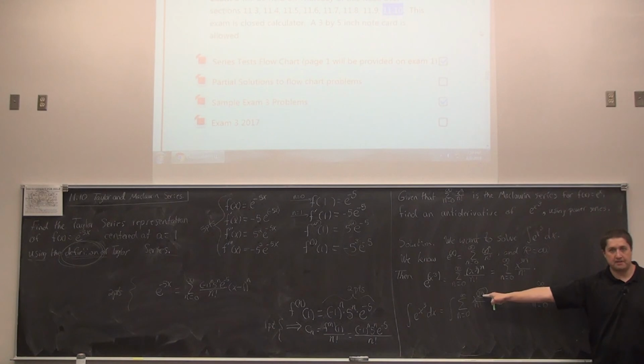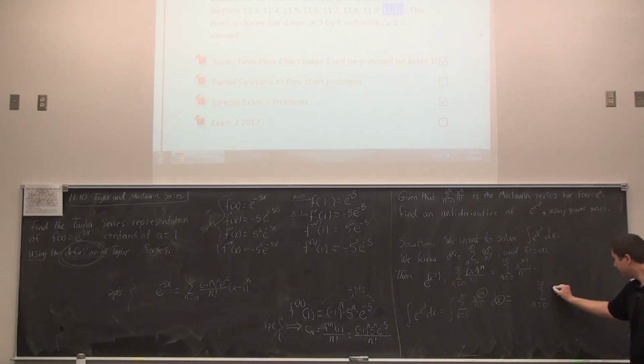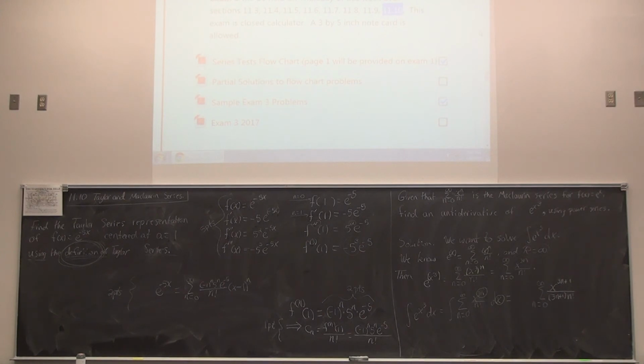The x to the power of 3n will go up by 1. This is now x to the power of 3n plus 1. We have to divide by the new exponent, 3n plus 1. And n factorial was already there to begin with. That's our full antiderivative. That's an antiderivative.